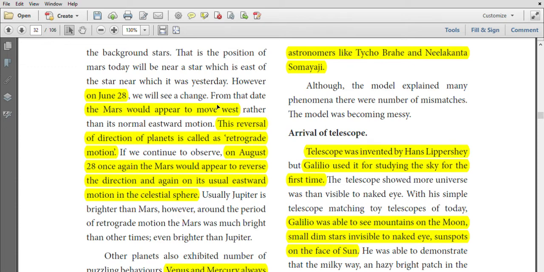First Mars is moving from east to west, then Mars is moving from west to east. This reversal of direction of the planet is called retrograde motion. Likewise, on August 28, once again Mars appeared to reverse direction. Again it is the usual eastward motion in the celestial path.